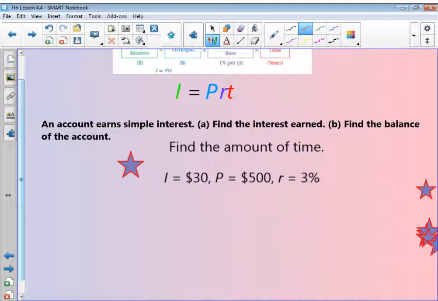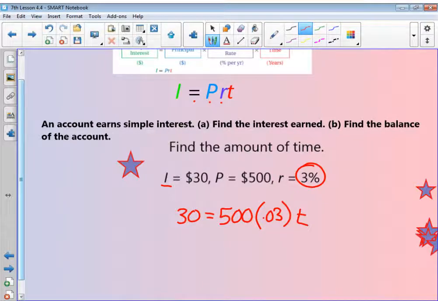Okay, so our I was 30 equals, the P was 500. This time they're giving us the R, so I'm going to write this as its decimal form, 0.03. And then times T, we don't know. Okay, so my first step is to go ahead and put these together.